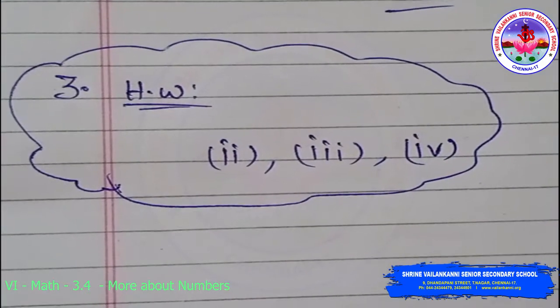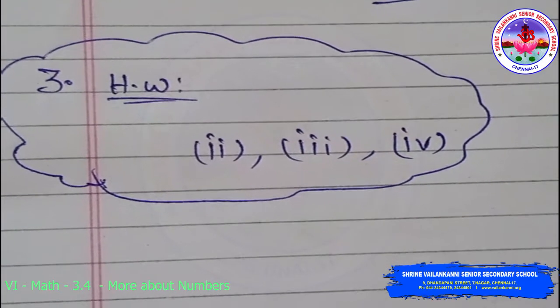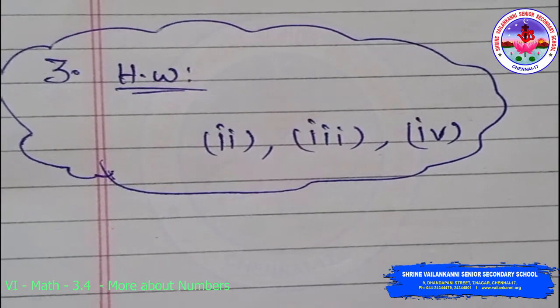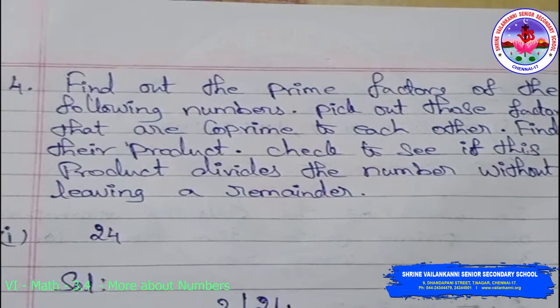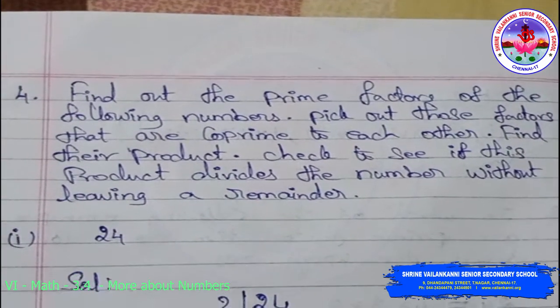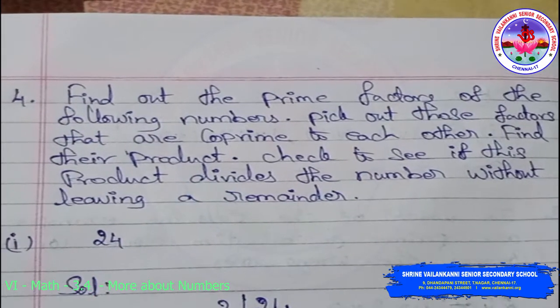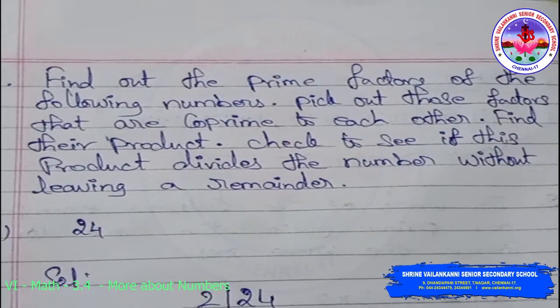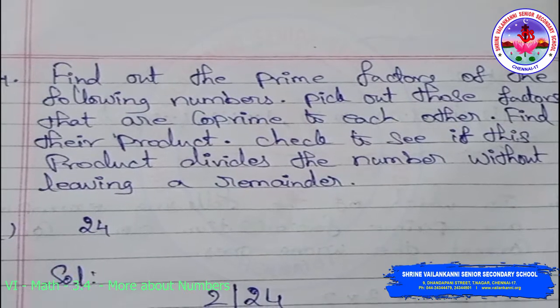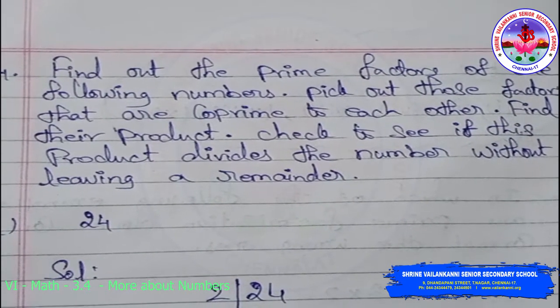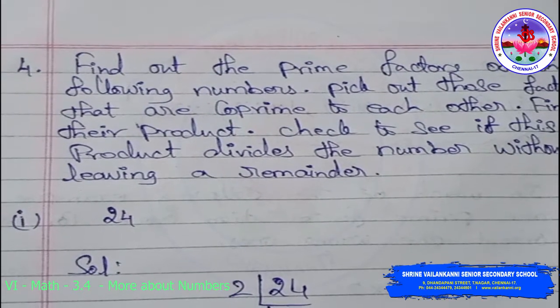Third question, homework sums: second Roman, third Roman and fourth Roman. These are the homework sums. Question: find out the prime factors of the following numbers. Pick out those factors that are co-prime to each other. Find their product. Check to see if this product divides the number without leaving a remainder. The first Roman is 24.